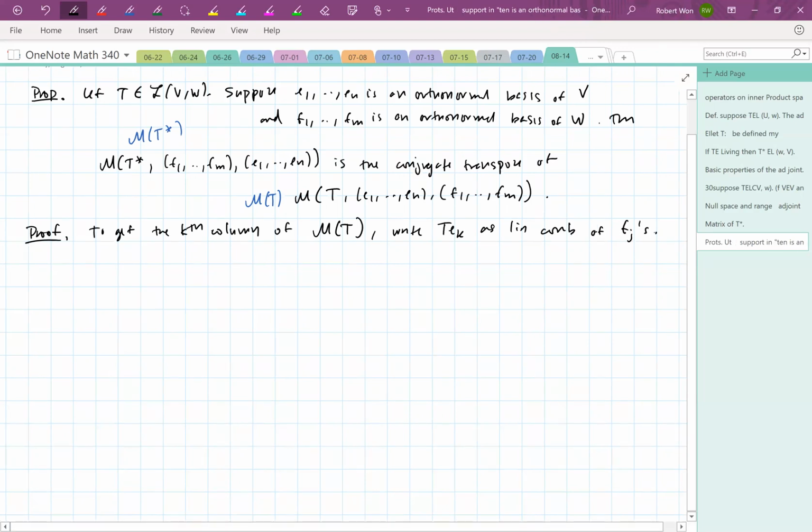Of course, the Fj's are an orthonormal basis of W, which means that it's easy to find the linear combination. So since the Fj's are an orthonormal basis, T of Ek is just the inner product of T Ek with F1 times F1 plus dot dot dot plus the inner product of T Ek with Fm times Fm.